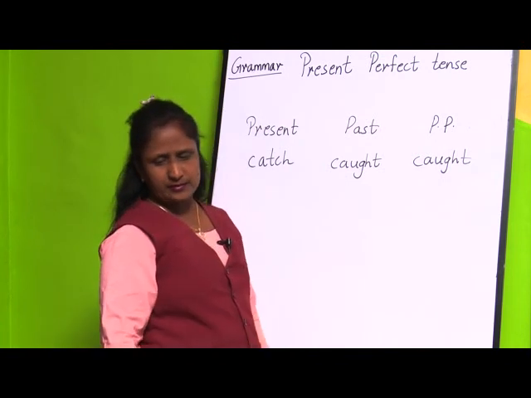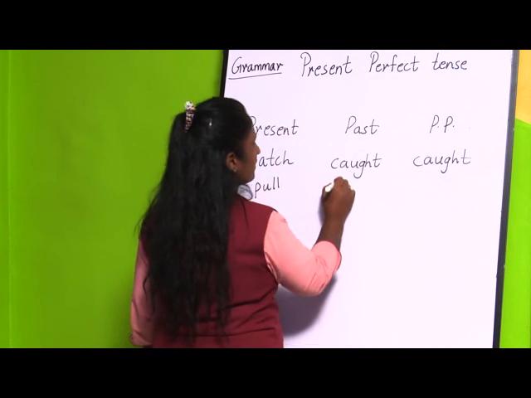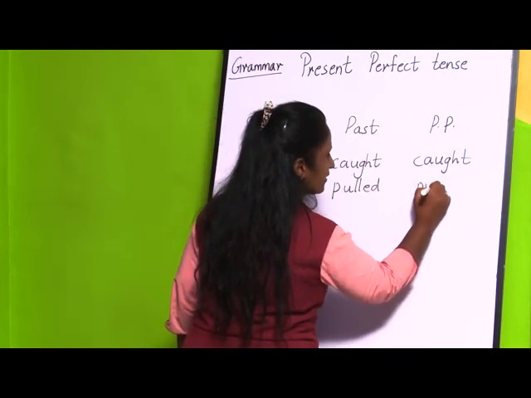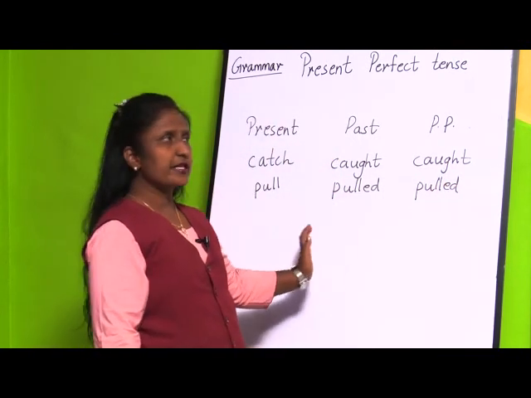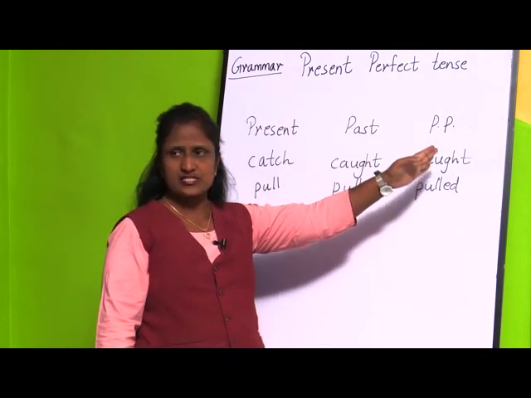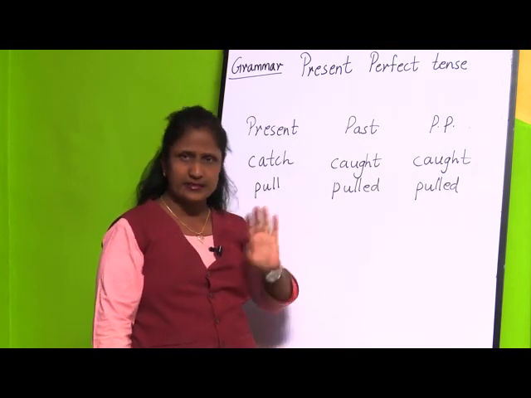If you take another example, pull, the past tense will be pulled, and the past participle will again be pulled. So in this way these are the three major forms of the verb, that is present tense, past tense and past participle. This will be used in the case of present perfect tense.